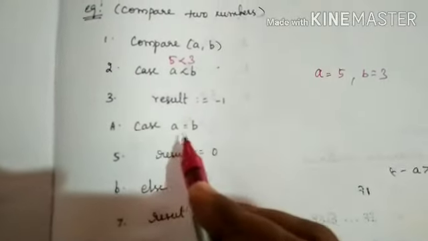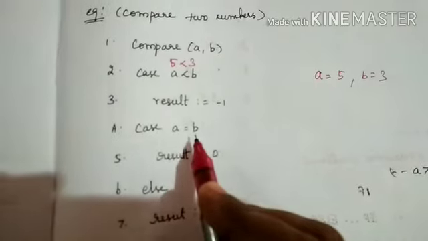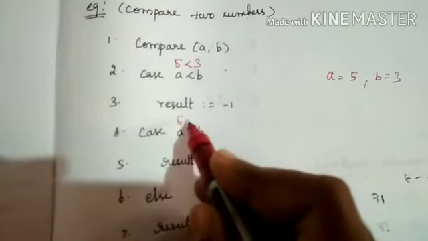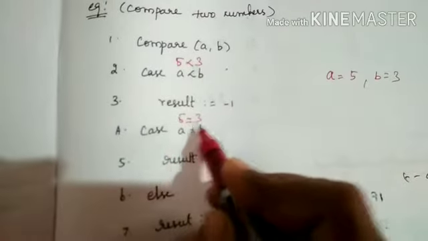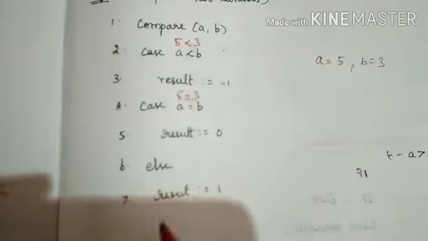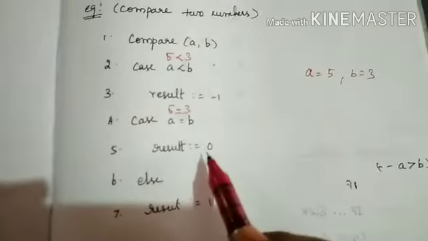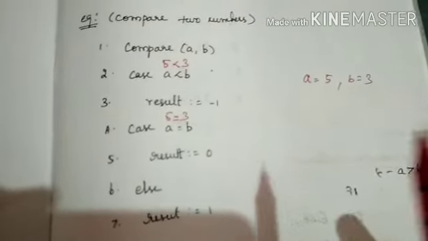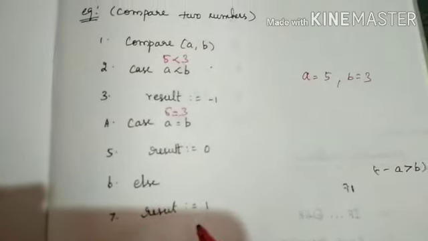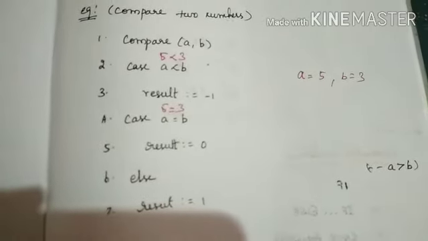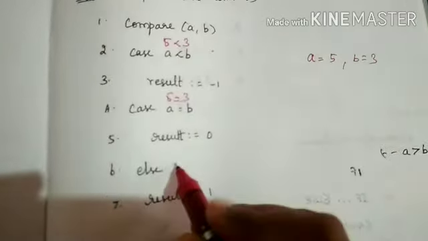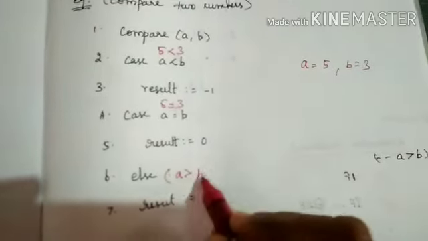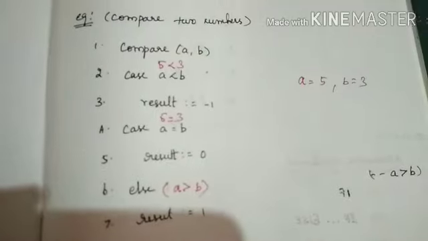Next one is A equal to B, and we check it. Is the condition false or true? A equal to B, 5 equal to 3? No, the condition is false. Here these two conditions are false, so the else part is executed automatically, and then result equal to 1. What does this mean? Here A is greater than B. This is the meaning of the else part statement.